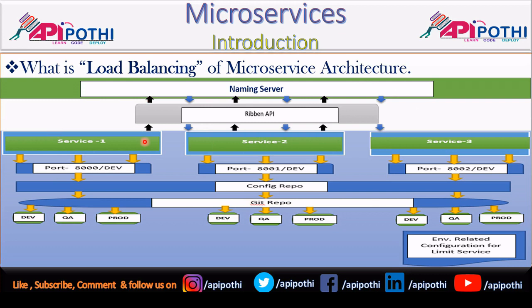That is perfectly fine. Now for load balancing, there is another API which comes in between, called the Ribbon API. Suppose any user comes, they first ask the naming server, I need the response for this request.